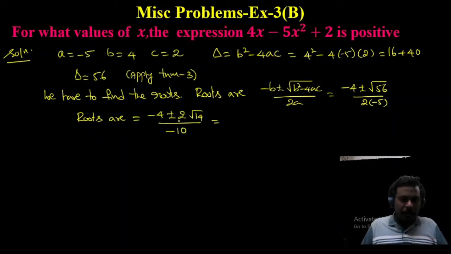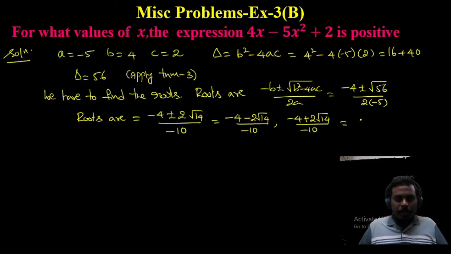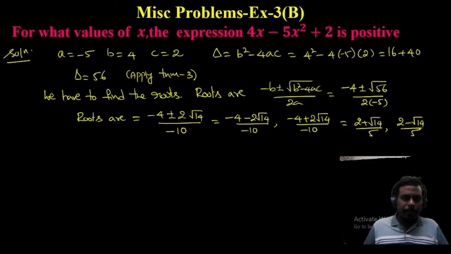So if I simplify it, I get minus 4 minus 2 root 14 by minus 10, and minus 4 plus 2 root 14 divided by minus 10. So those values are 2 plus root 14 divided by 5. This is one value, and the other value is 2 minus root 14 divided by 5.